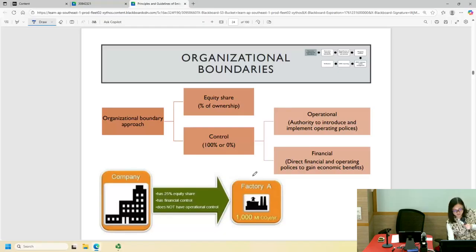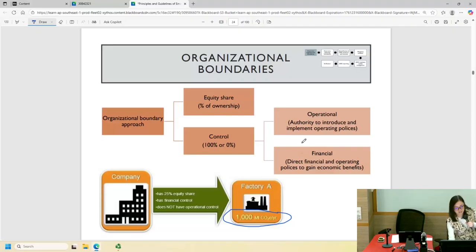And this factory emits 1,000 megaton of carbon dioxide equivalent in a year. Let's say this company wants to calculate how much it is responsible for the emissions from factory A. Now this company may use different approaches for identifying the organizational boundary.